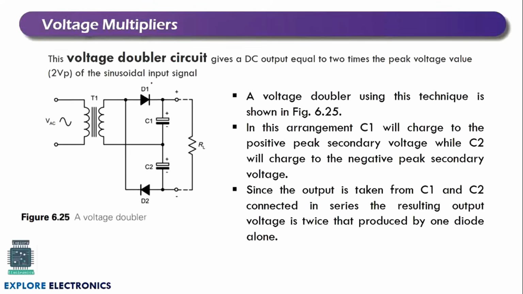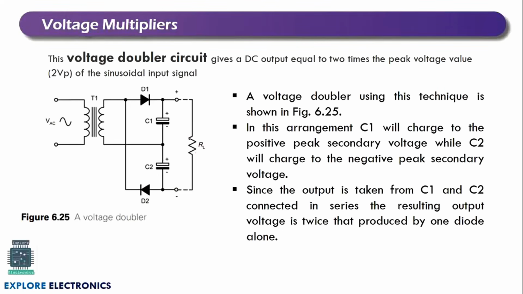In the voltage doubler circuit, we will have a transformer where an AC signal is given as an input. The secondary coil will produce the same kind of output here. We can use a step down transformer if required. Here you can observe there are two diodes and two capacitors connected, and there is a resistance RL.